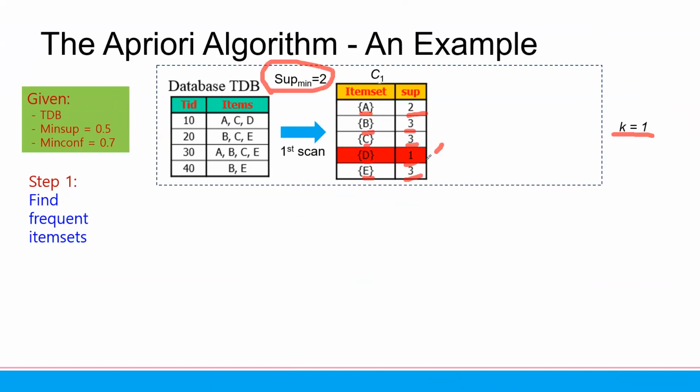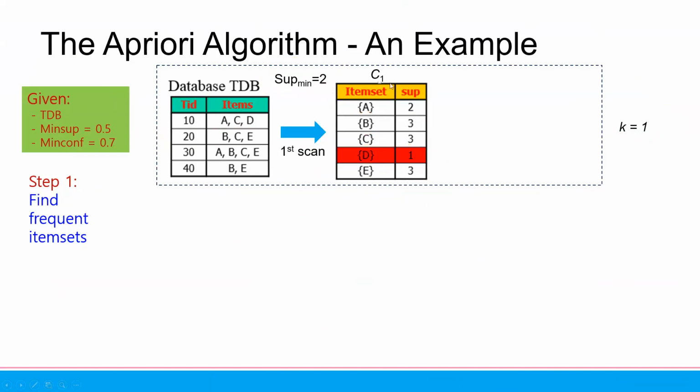Then we will eliminate D because it is only 1. The minimum support requires at least 2.